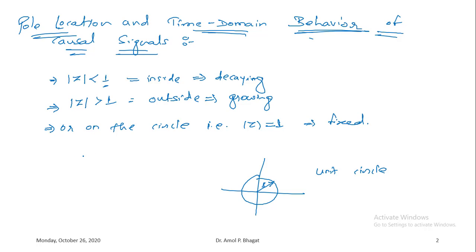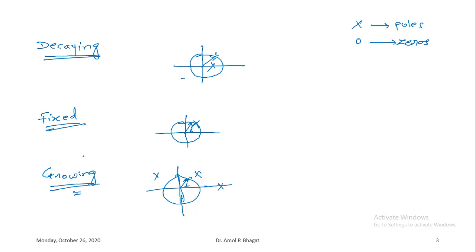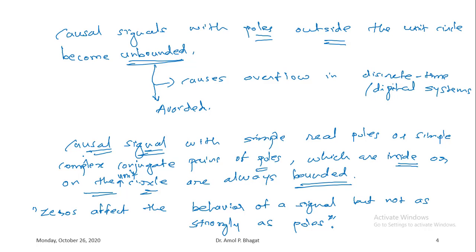Here we have seen that if the poles are inside the unit circle, causal signals can be decaying. If the poles are outside, causal signals can be growing. If the poles are on the unit circle, it is fixed. If poles are outside the unit circle, the causal signal can be unbounded, and such signals should be avoided to avoid system overflow.